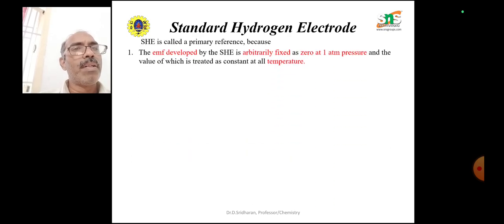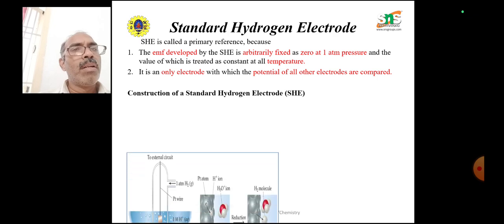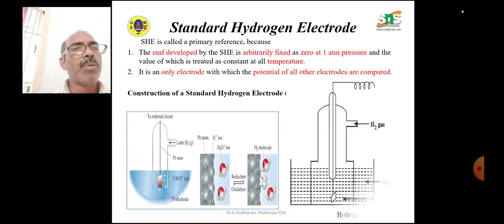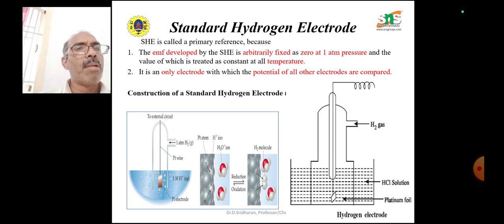The construction of SHE, the standard hydrogen electrode. It is a primary reference electrode. The EMF developed by the SHE is arbitrarily fixed as 0 at 1 atmospheric pressure, and this value is treated as constant at all temperatures. It is the only electrode with which the potentials of all other electrodes are compared.